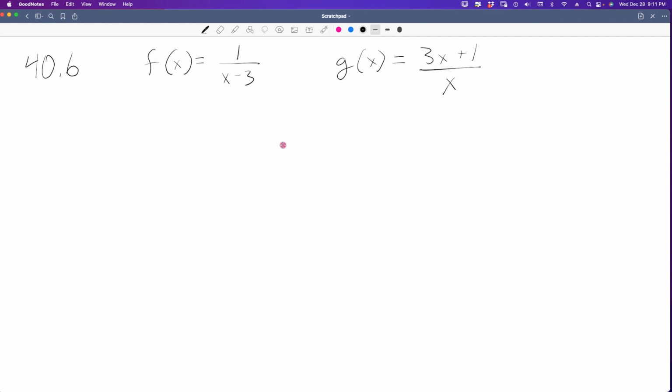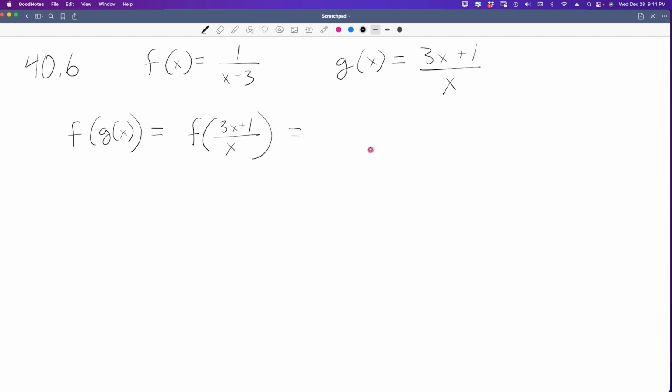So we'll start with f of g of x. So that is going to equal f with the substitution of 3x plus 1 over x in for the x value.